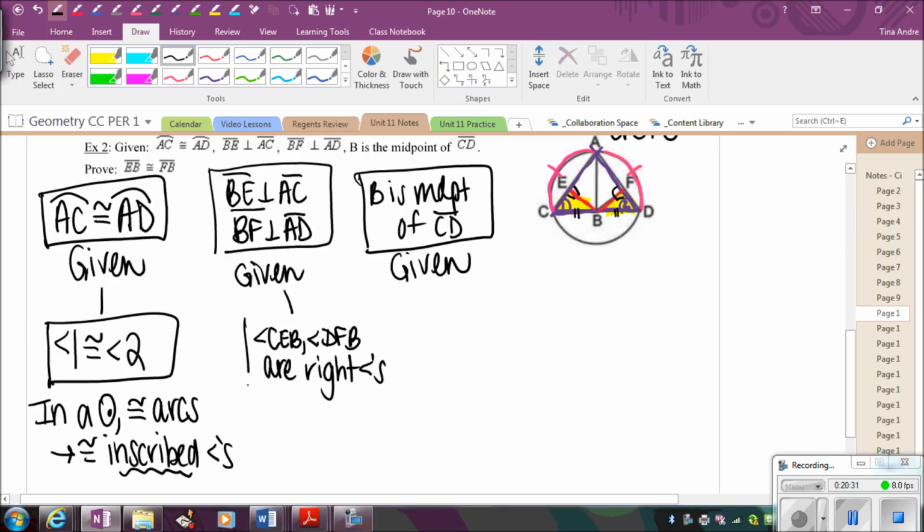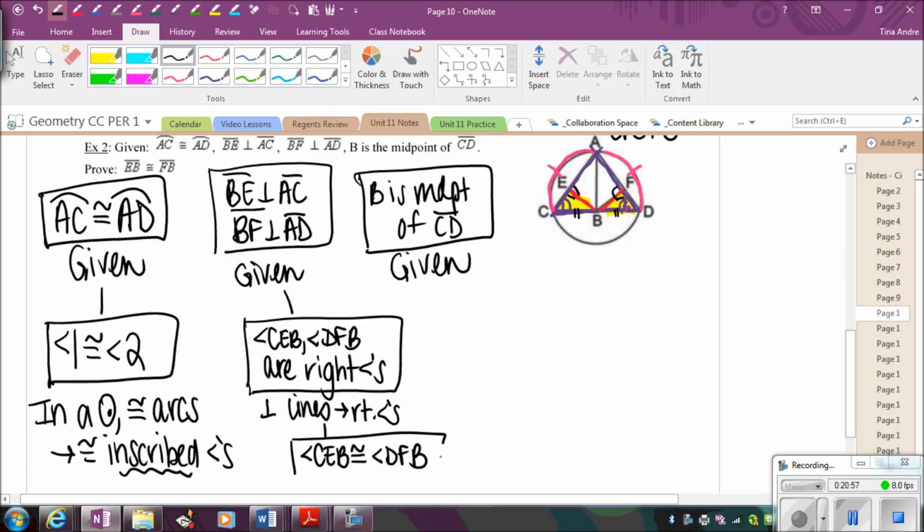So these are just old methods that you've seen before. This is just perpendicular lines imply right angles. And when I look at the method I'll be using, it's going to be angle, angle, side. So since I'll be using angle, angle, side, that means I need to state that these right angles are congruent to get my pair of congruent corresponding angles.